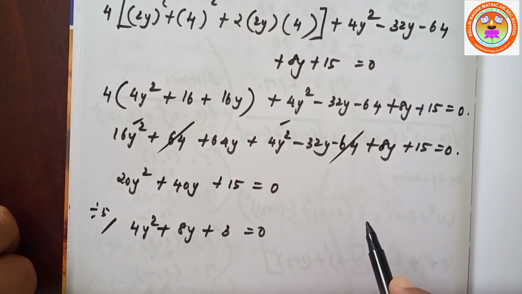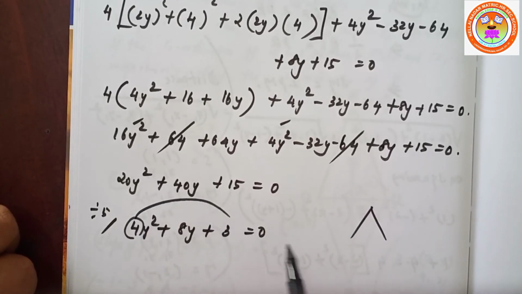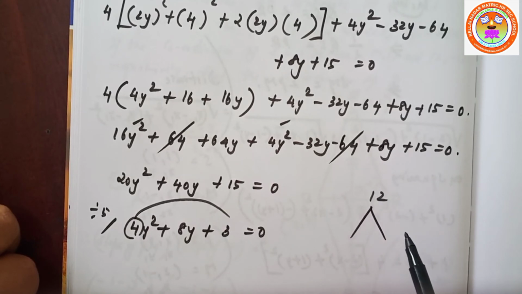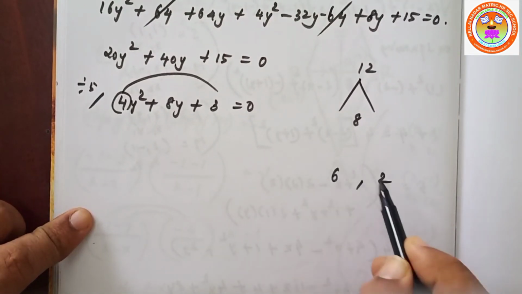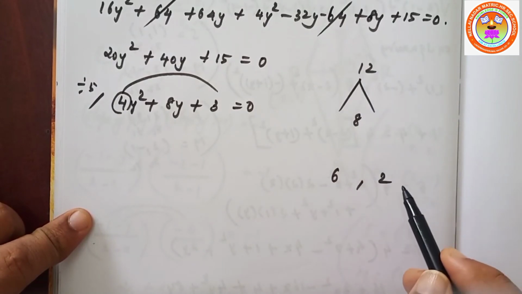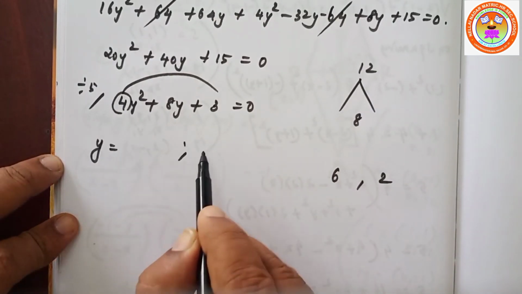Now we can factorize. The coefficient of y squared is 4. 4 3s are 12. And coefficient of y is 8. Product 12, sum 8, the two numbers are 6 and 2. 6 plus 2 is 8, 6 2s are 12. Since it is an equation, you can find the values of y directly.